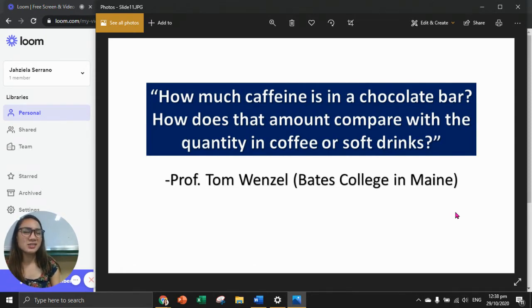Lahat naman halos feeling ko ng scientist start with a question. Everything starts with curiosity, no? So for example here, sabi niya, how much caffeine is in a chocolate bar? Or how does that amount compare with the quantity in coffee or soft drinks?